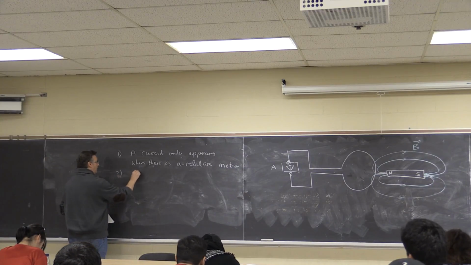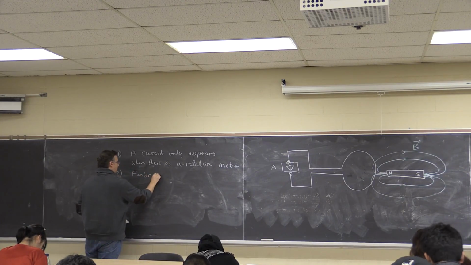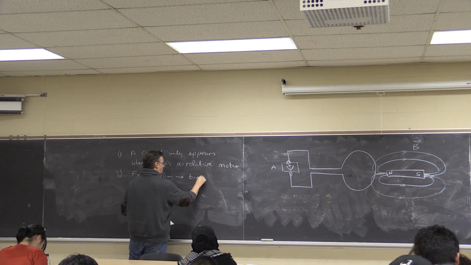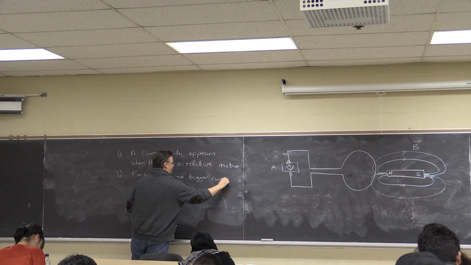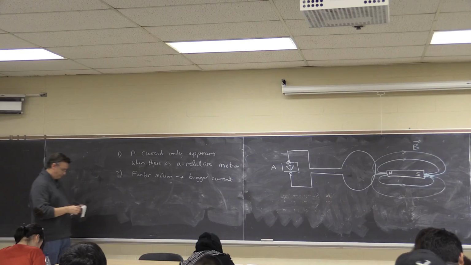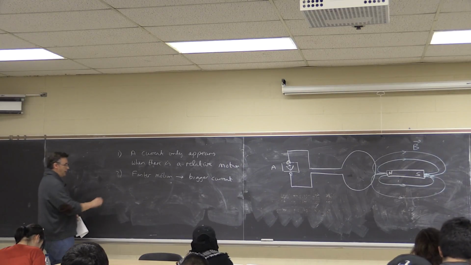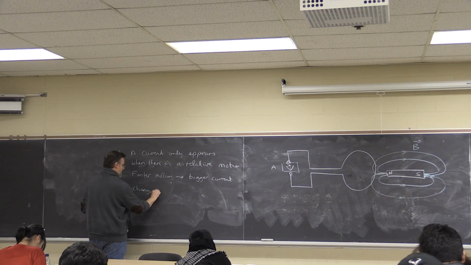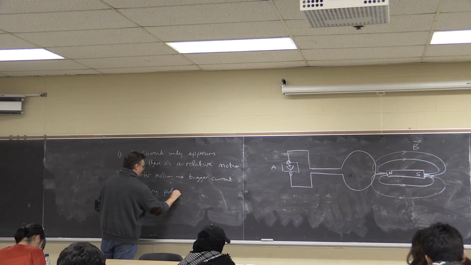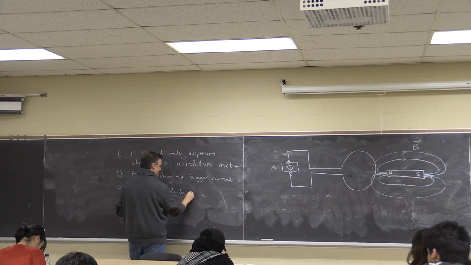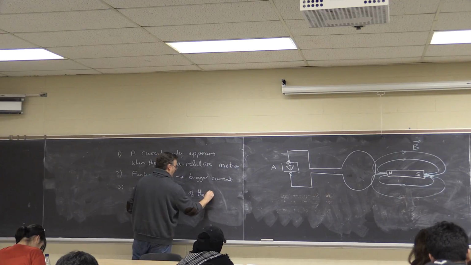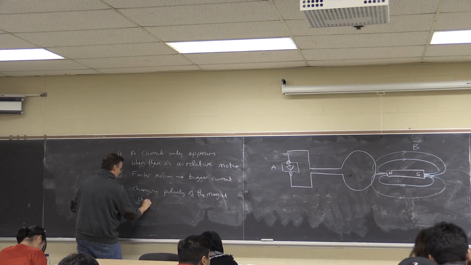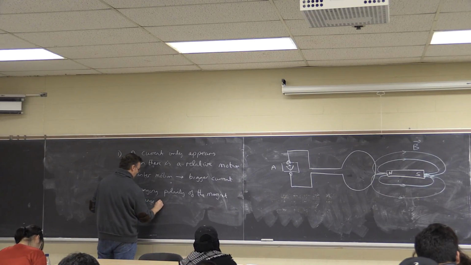Two, faster motion gave a bigger current. And three, changing polarity of the magnet changed current direction.